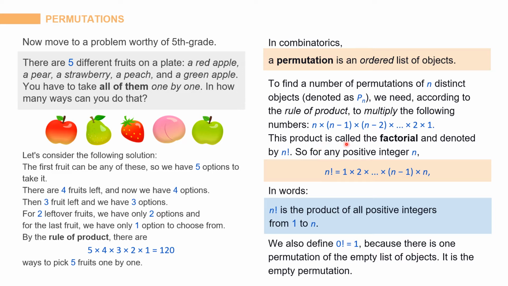This product is called the factorial and is denoted by n exclamation point. We do not shout n, it's n factorial, not n!